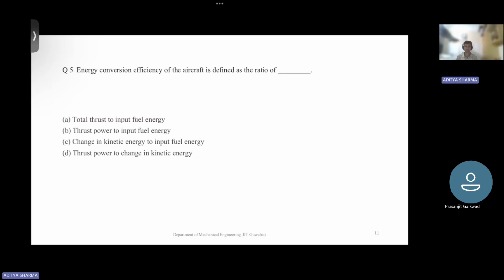This is a straightforward question. Energy conversion efficiency of the aircraft is defined as the ratio of what? In energy conversion efficiency, you have change in kinetic energy involved, and then fuel energy is involved. So from the given options, option C comes out to be the correct one.